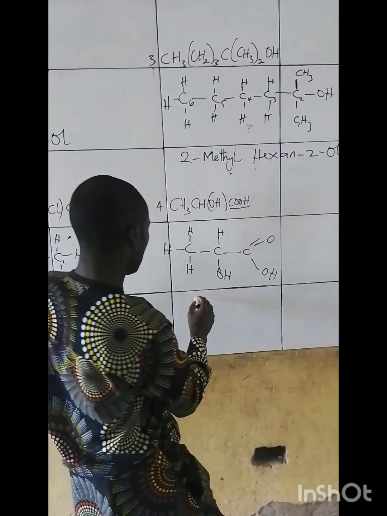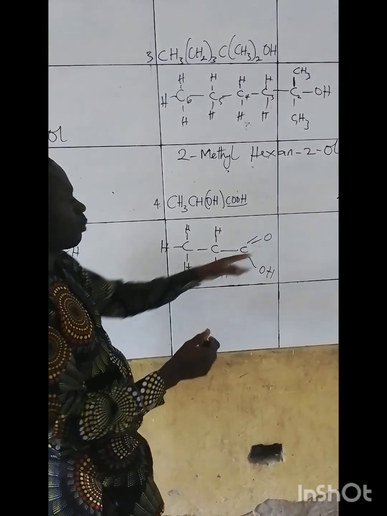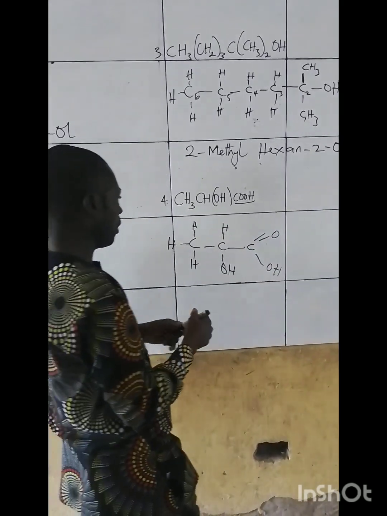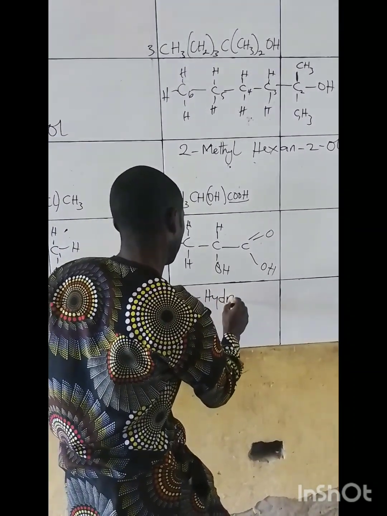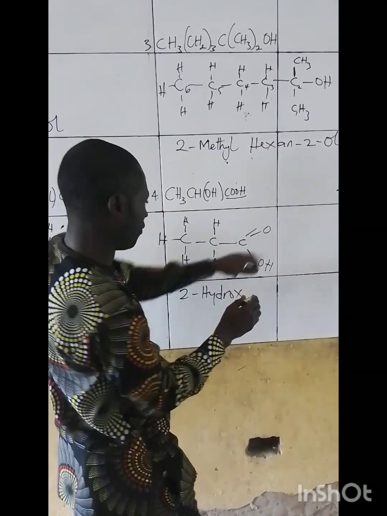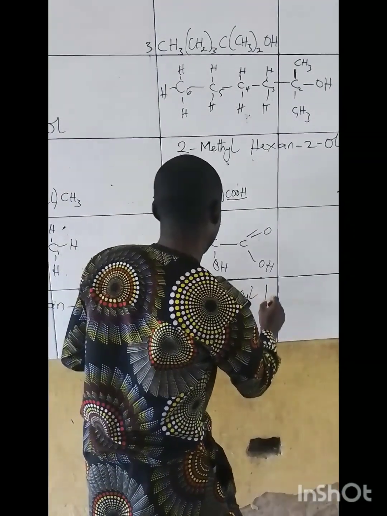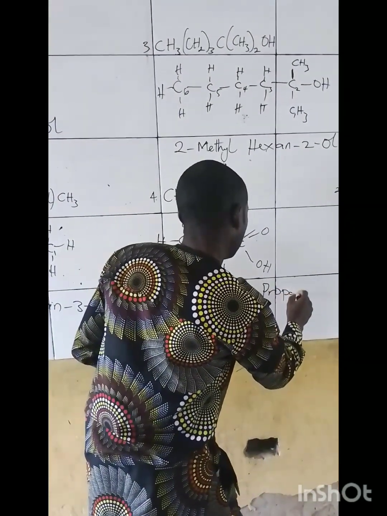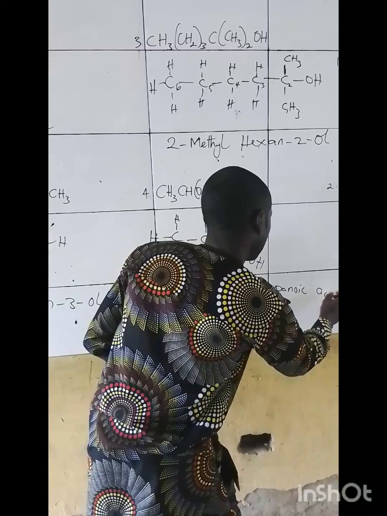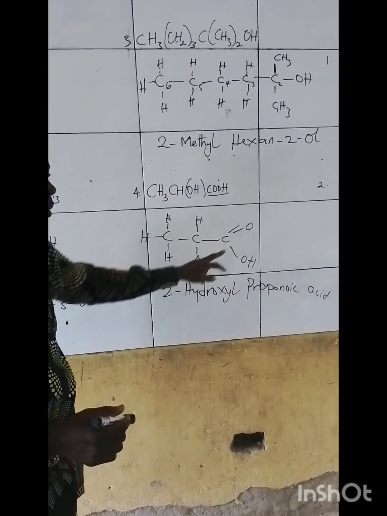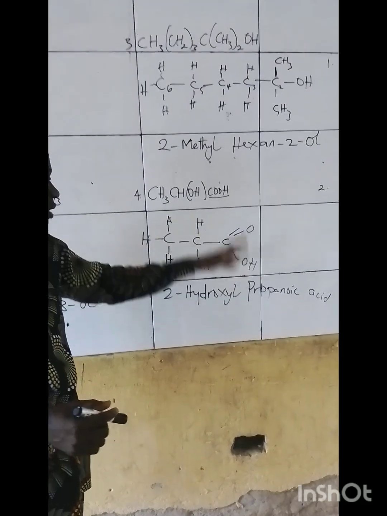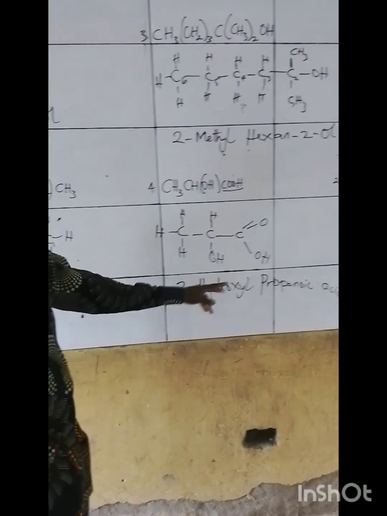Someone can call it 2-hydroxypropanoic acid, but it is better for you to have it this way because of the principal functional group here. So 2-hydroxypropanoic acid. Having 2 functional groups, the hydroxyl group and this one, but this one gives you the principal name. So that's the name of that compound.